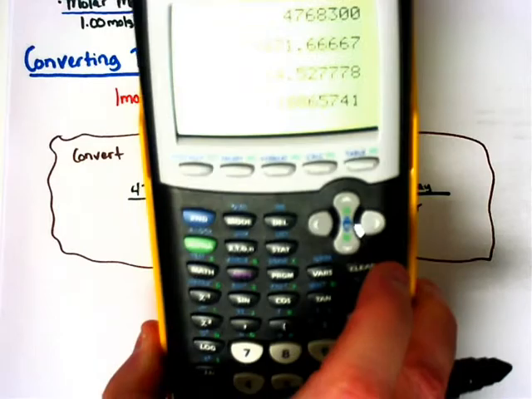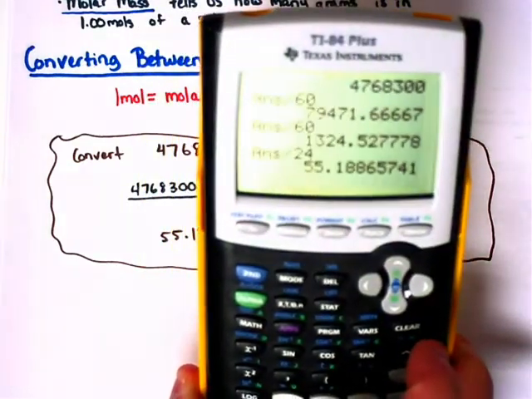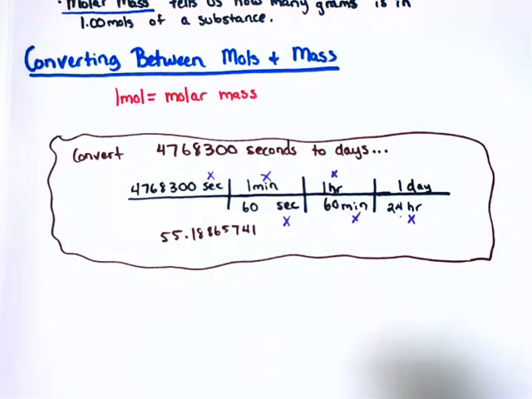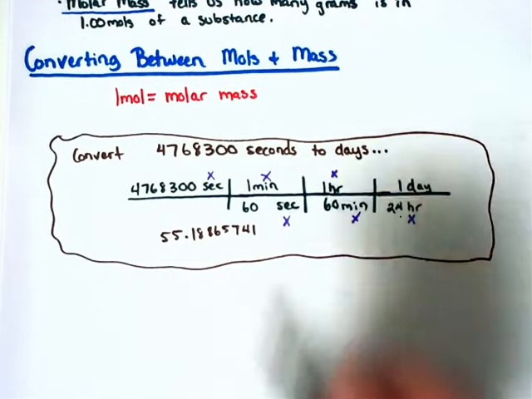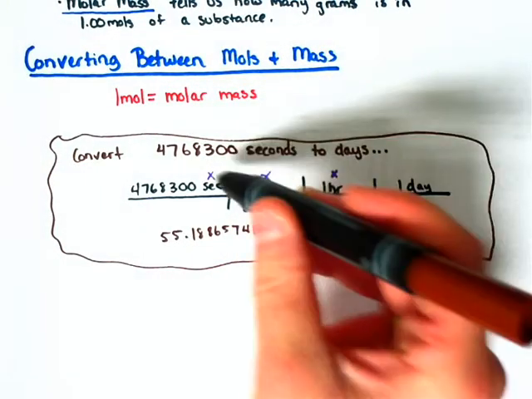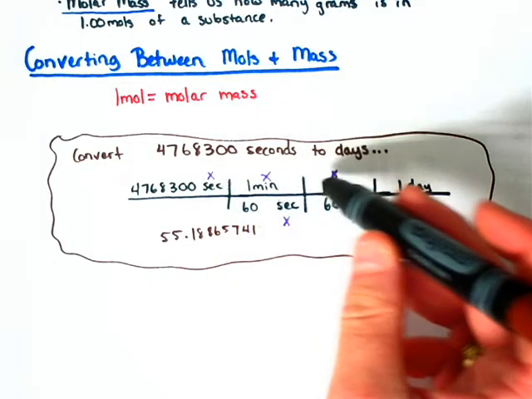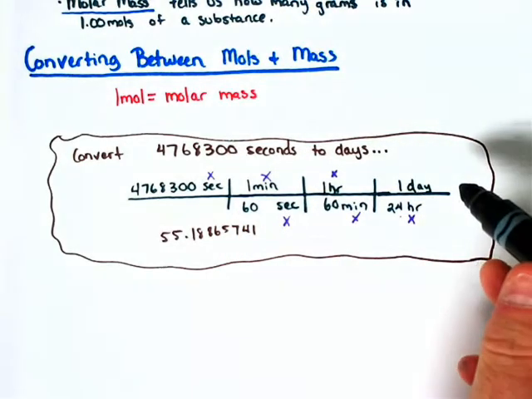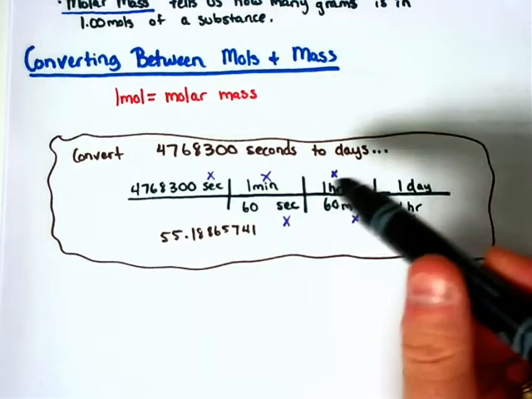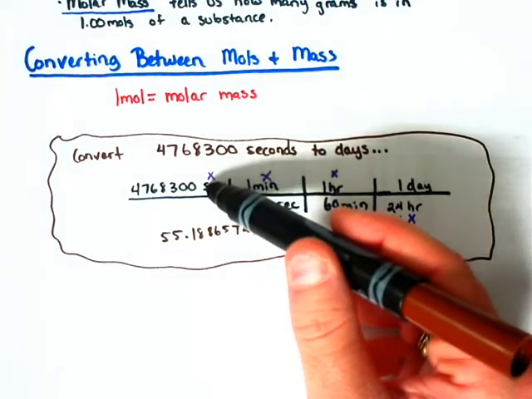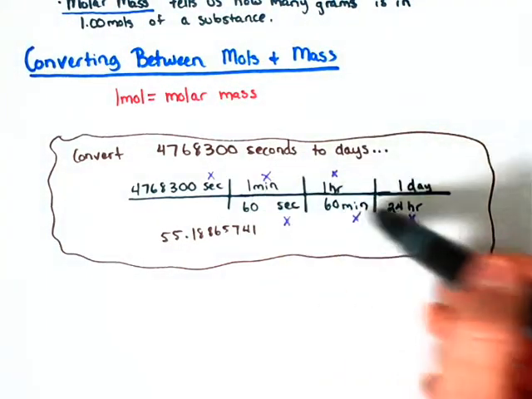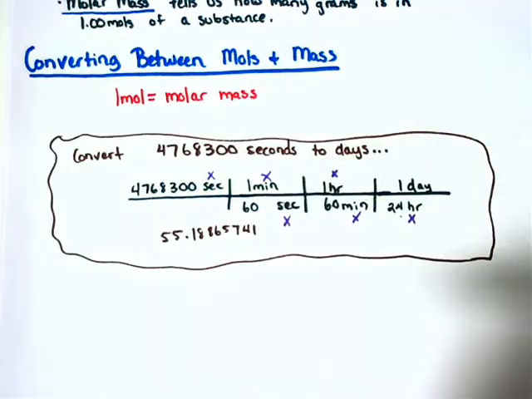If you don't believe me, I'll show you. Told you. So, it's there. Does anyone need assistance with multiplying 4,768,300 times 1 times 1 times 1? Well, it's just the same number. And then you divide it by the product of these three. The product means the multiplication of those three. Right? And this is what I got.